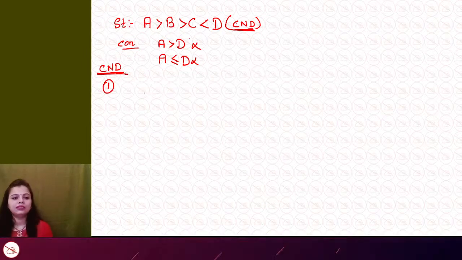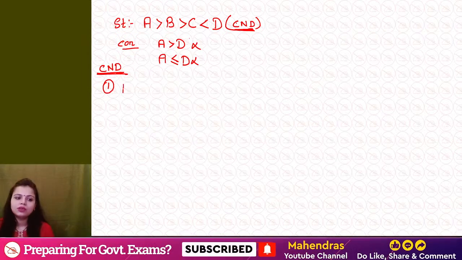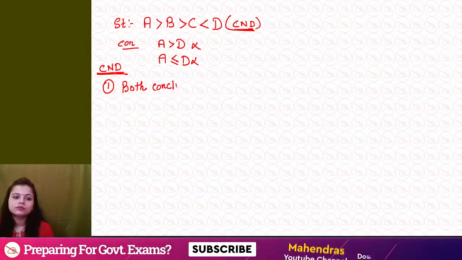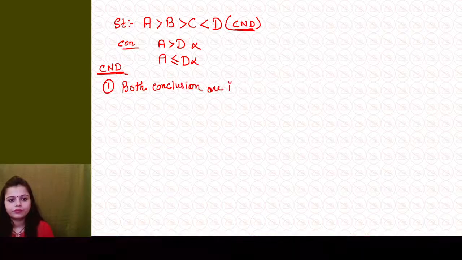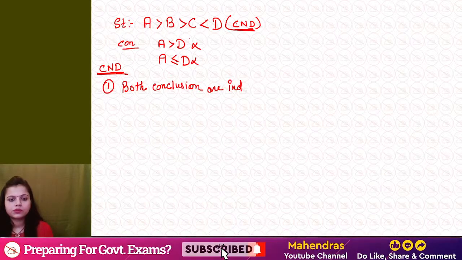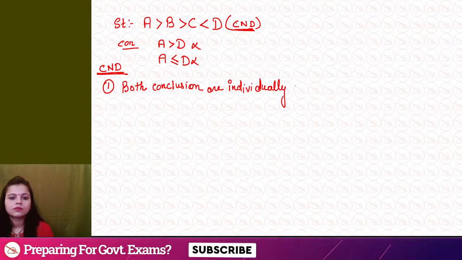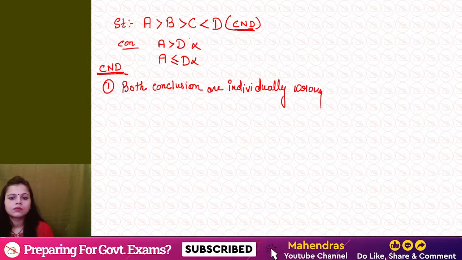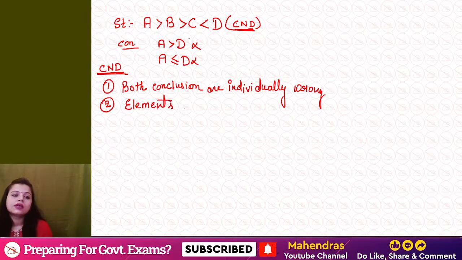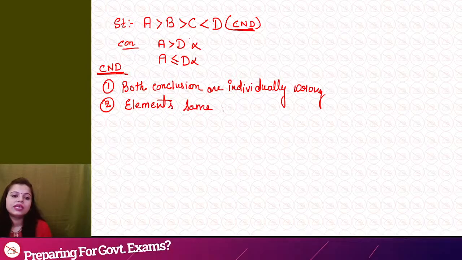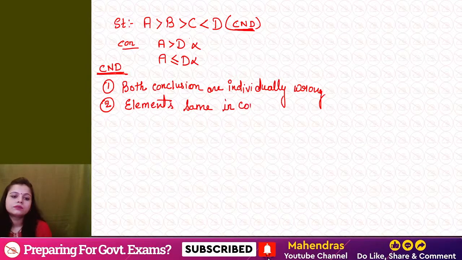When the statement is C and D, rule number one is both the conclusions are individually wrong. Rule number two is elements same in conclusion.